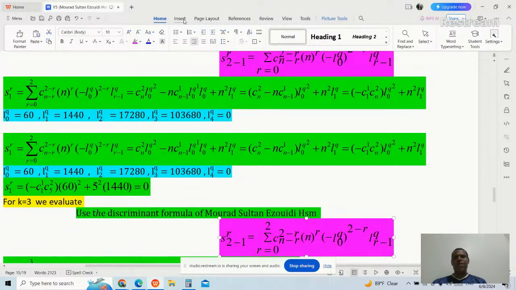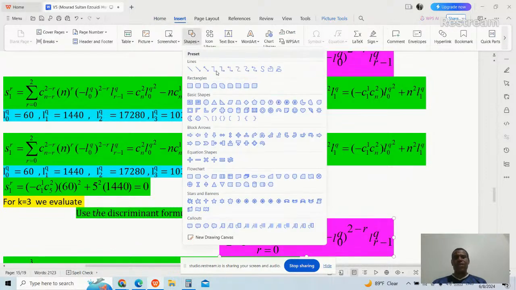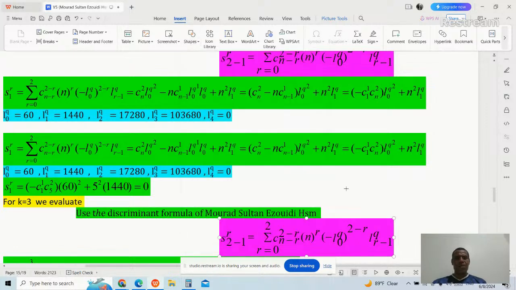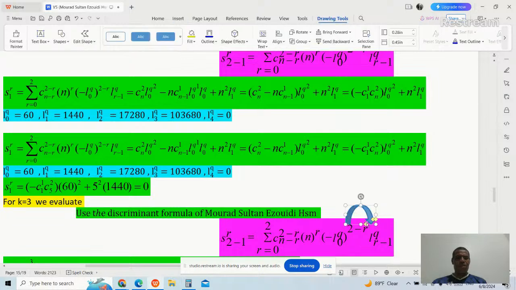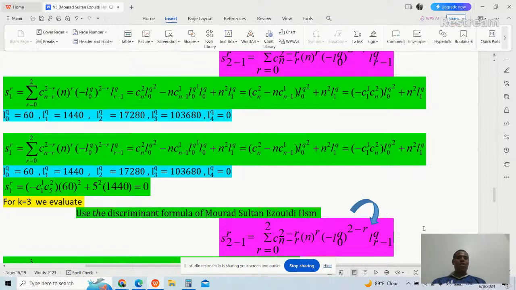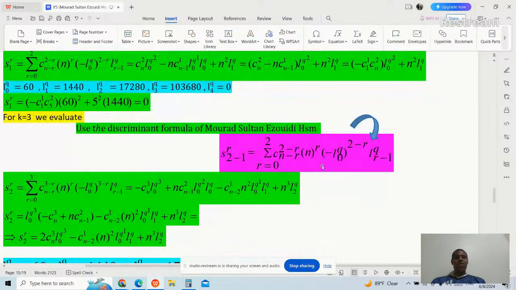Just give me time, learners. Okay, this one is better. This one, we said, is the formula of your mathematics teacher, Mourad Sultan Ezouidi. It's called the discriminant formula of Mourad Sultan Ezouidi that helps you to find the value of S_{k-1}.